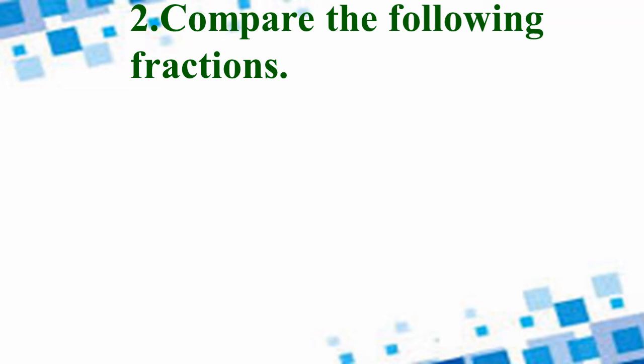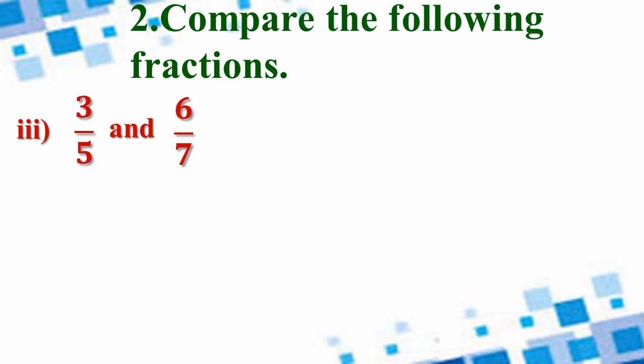Next, the second problem. Compare the following fractions. The given fractions are 3 by 5 and 6 by 7. They have different numerators as well as denominators. So first we find the LCM of both the denominators.